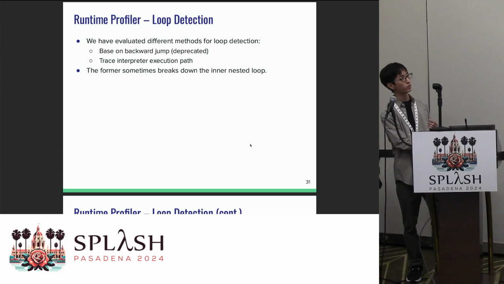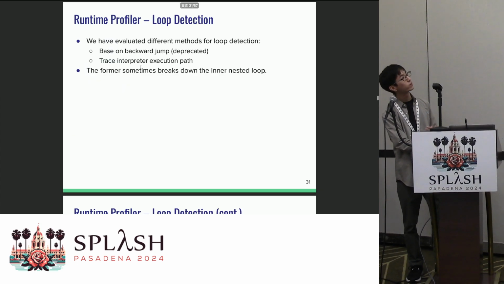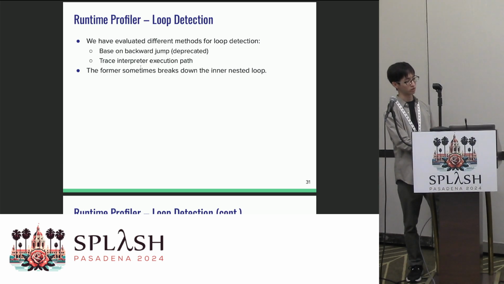And I have mentioned on this page, the second one is the detection of part of a loop. And how do we detect the loop? We have evaluated 2 methods to detect the loop.